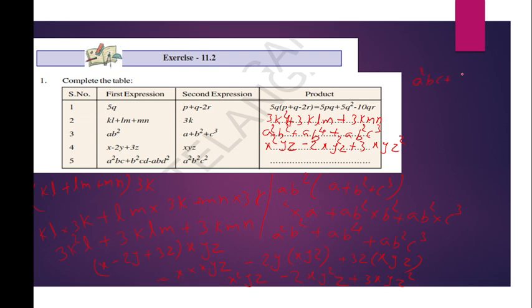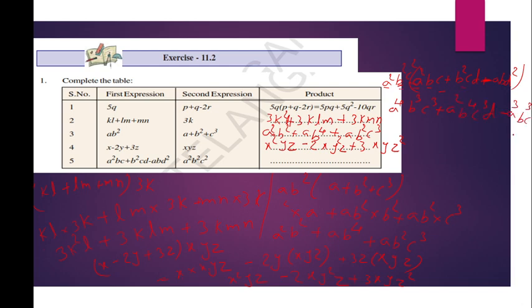Okay, now let's do the fifth one. (A square BC plus B square CD minus ABD square) into A square B square C square. Now multiply this inside. A square into A square, A power 4, B square into B, B cube, C square into C, C cube, plus A square as it is, B square into B square, B power 4, C cube D, minus A cube, B cube, C square, D square.